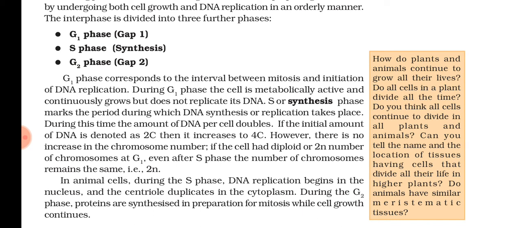Daughter cells are formed from the last mitosis, and then the cell will grow and get prepared for the S phase. So the interval between the last mitosis and the initiation of DNA replication is called the G1 phase.